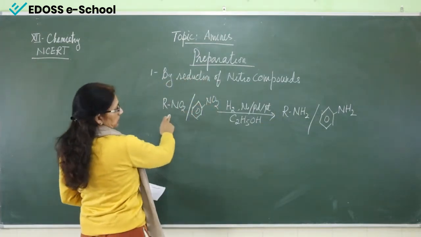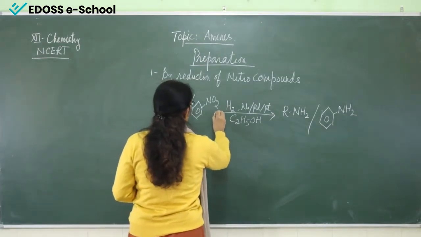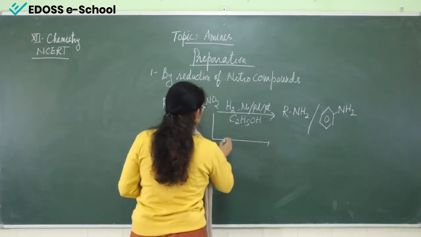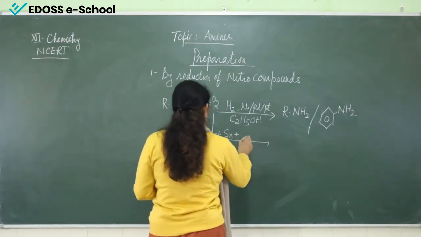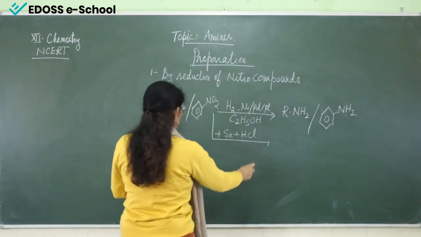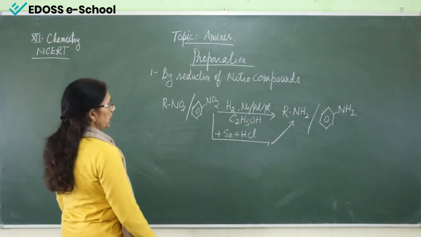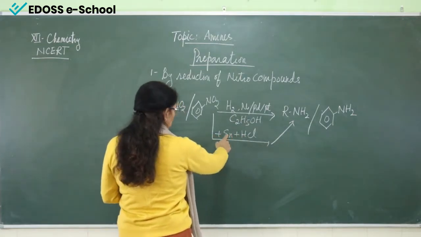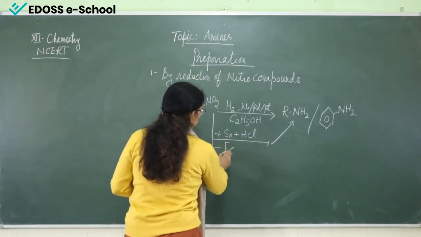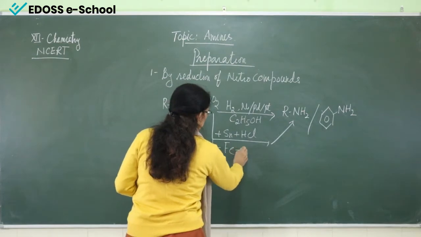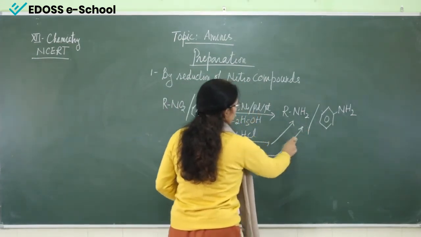In the same reaction, if in place of hydrogen we are taking tin and a little bit of HCl, the same reaction will happen. And if in place of tin you take iron, this is the third one, iron and HCl, again we will get the same product.